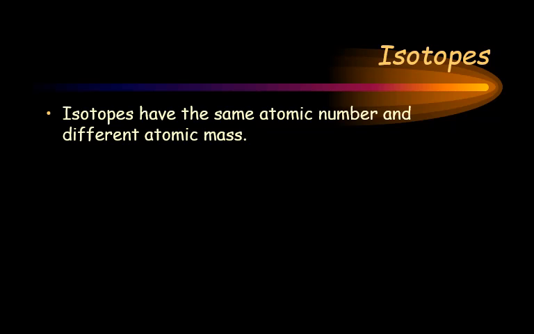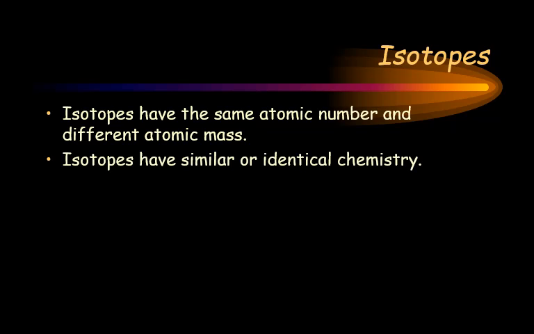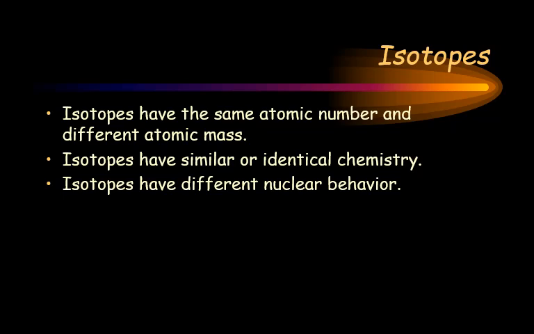Isotopes have the same atomic number, but different atomic mass. Isotopes have similar or identical chemistry even if they have more neutrons than normal: same number of protons, same number of electrons. They can have different nuclear behavior, and we're going to talk about that, especially as we get into radiation.